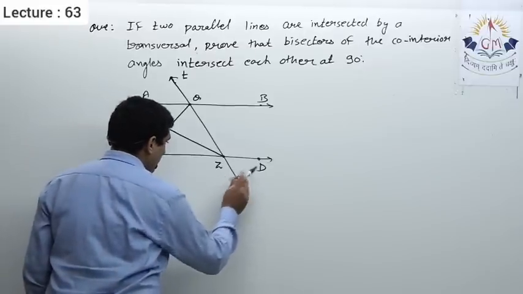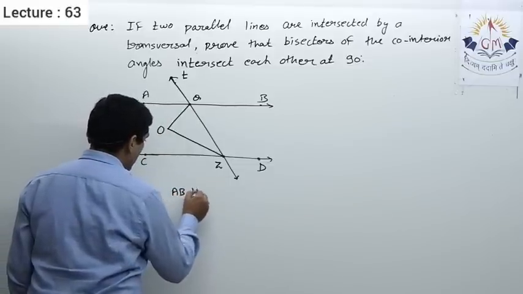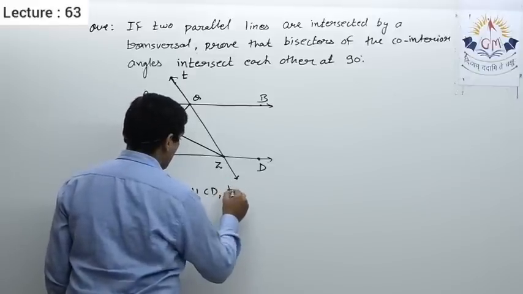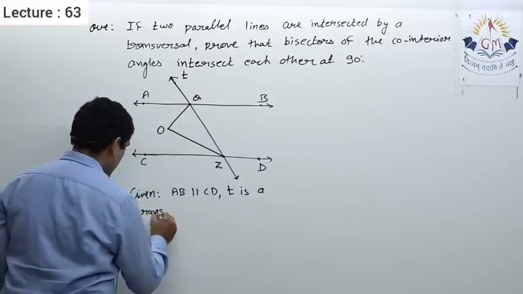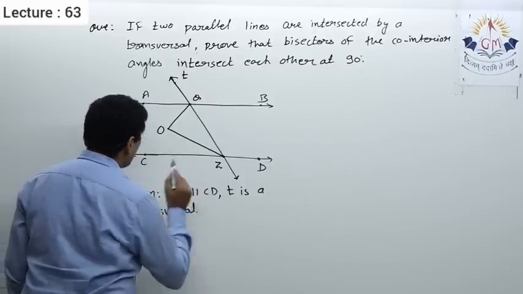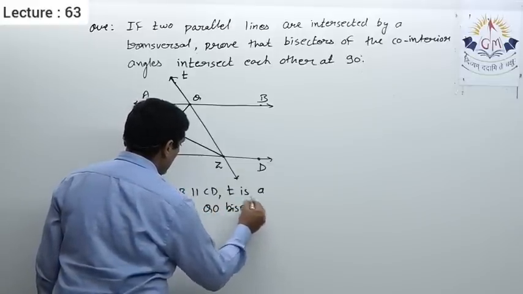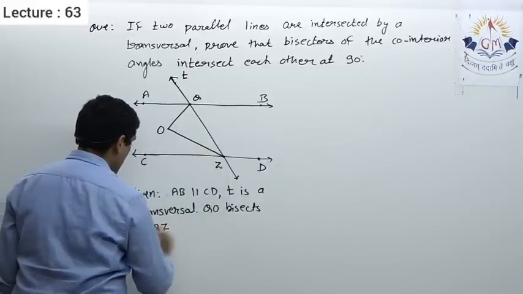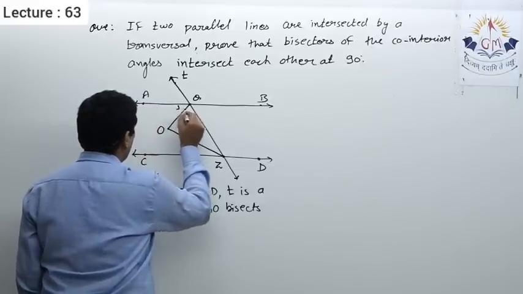So here I will start with given: AB parallel CD, T is a transversal, QO bisects angle AQZ. Suppose this is angle 1 and this is angle 2.